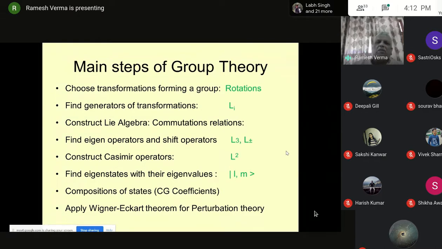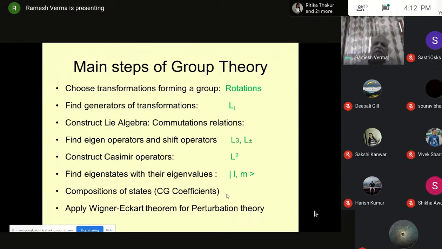and their eigenvalues, say L and M. All of us know that L square has eigenvalues L into L plus 1 h-bar square, etc. And that L we are using, and M as the eigenvalue of L3, to designate the state. And composition of states is actually not a new thing.